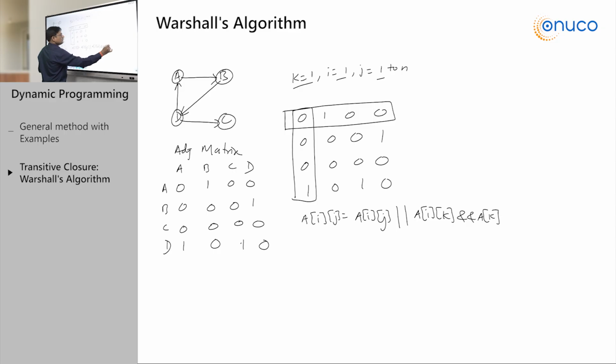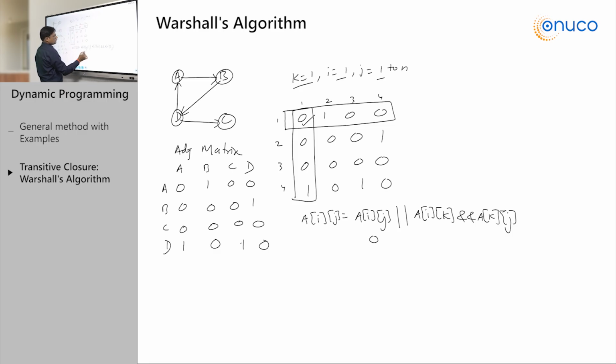A of ij, where i is 1, j is 1, indices 1, 2, 3, 4 and 1, 2, 3, 4, because we are not going to give A, B, C, D in the program. By default we take array indices, so that you can perform the task faster. So i is 1, j is 1, and we are pointing at this.